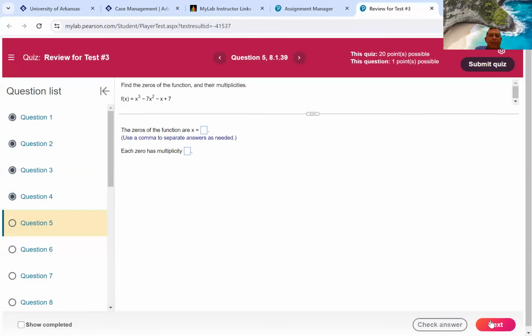All right, now I think 5 is the one where they're giving us the 4-term polynomial. So f of x equals x to the 3rd minus 7x squared minus x plus 7. They want me to find the zeros and the multiplicity.